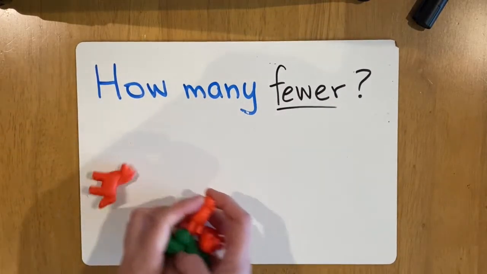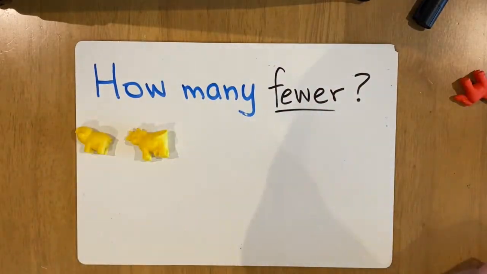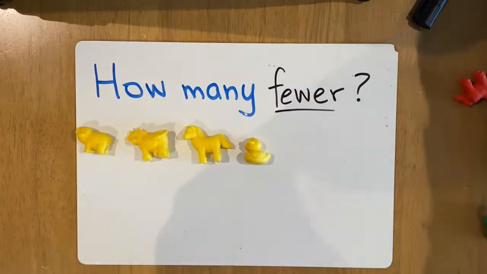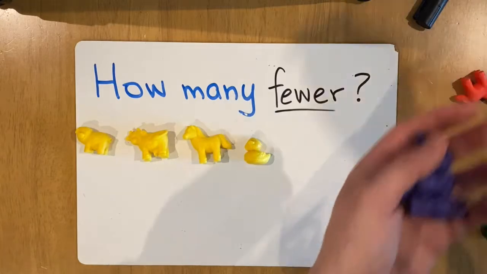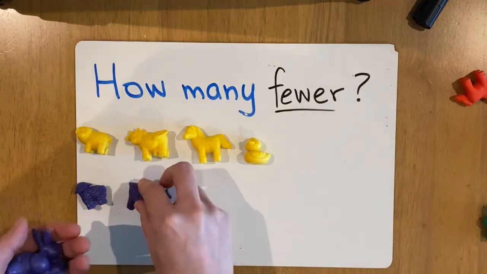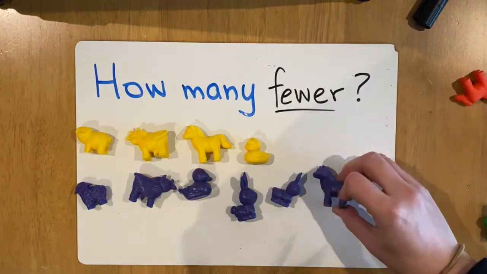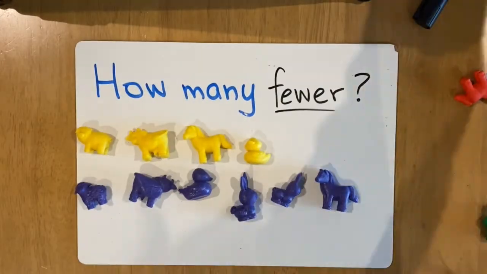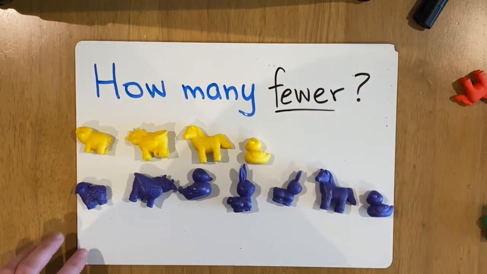Try another example. We've got some yellows. Oops, that's a green one. Some yellows and some purples. So how many fewer yellow animals are there?